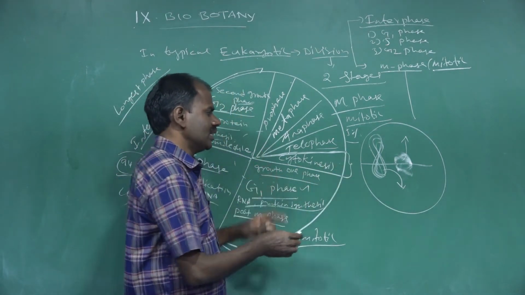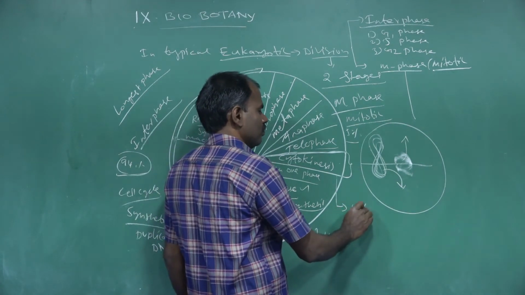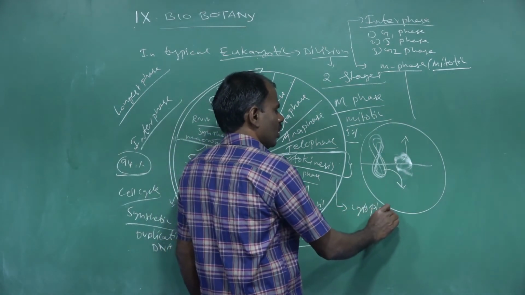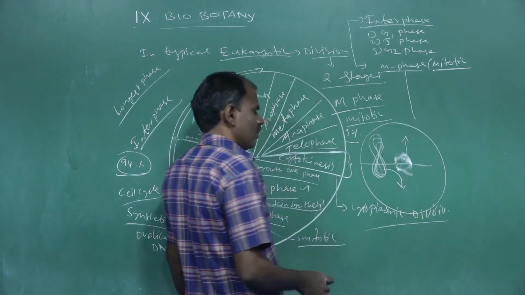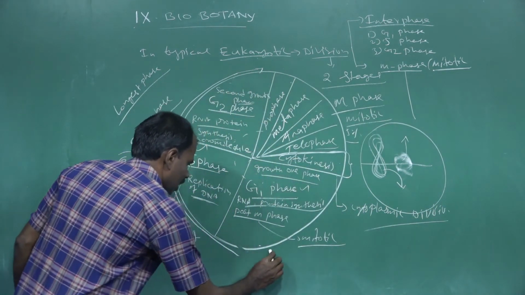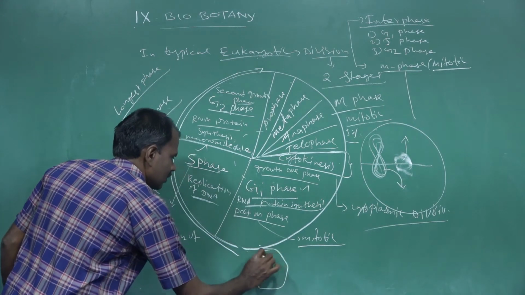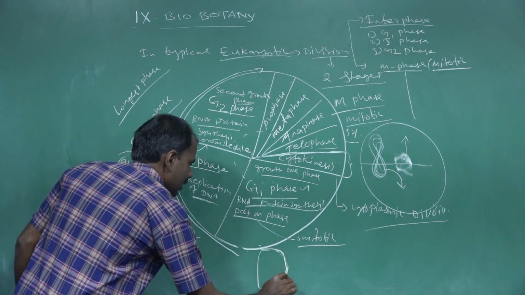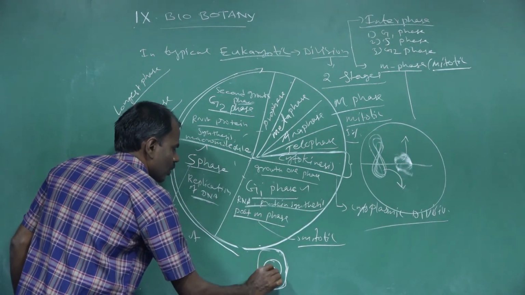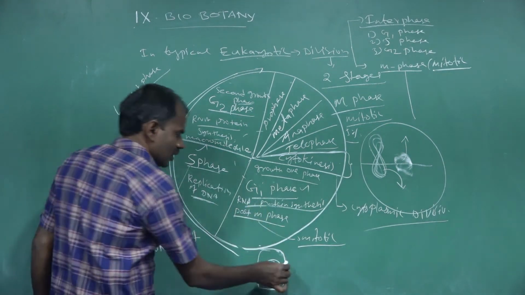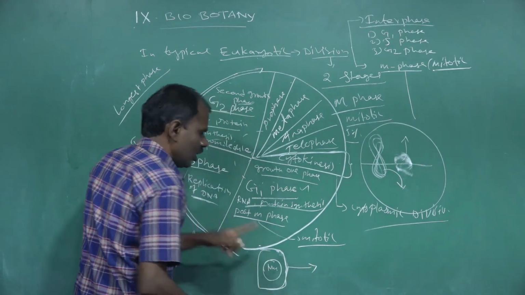The cytokinesis is the cytoplasmic division. How does the cytoplasmic division form? For example, take a normal type of cell. This normal type of eukaryotic cell has a center, called the nucleus. The first division is called the nuclear division.